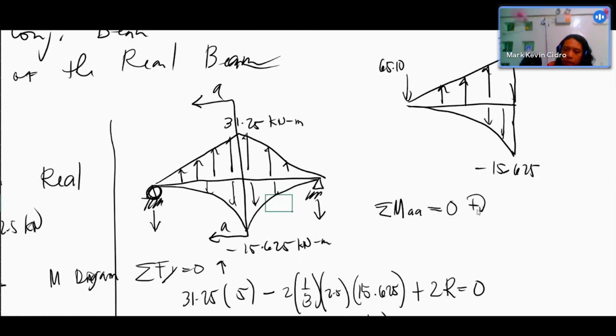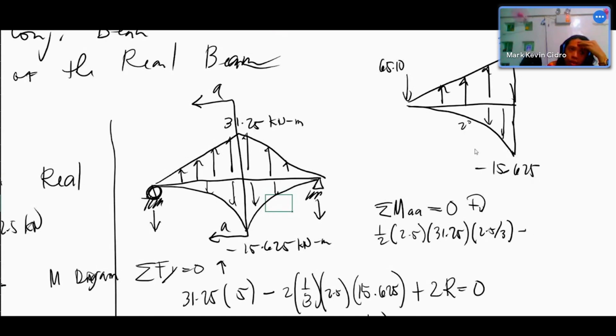Let's take clockwise as positive. The clockwise one is this 31.25, a triangle: 1/2, the base is 2.5, the height is 31.25, and the moment arm is 2.5 over 3.